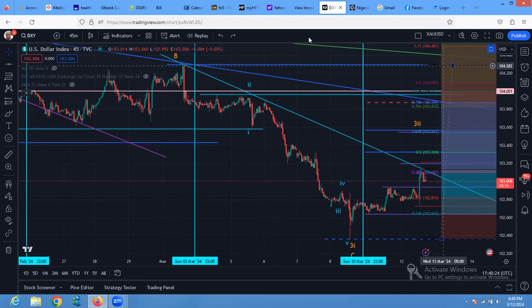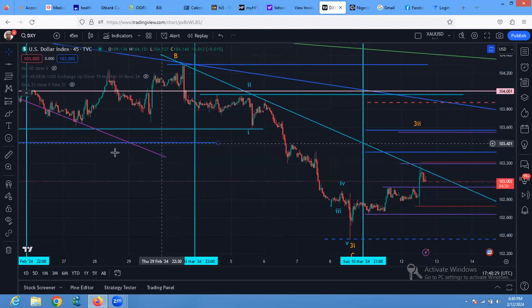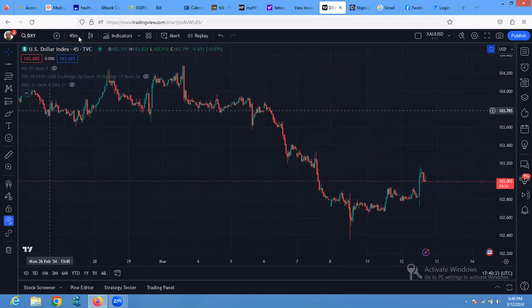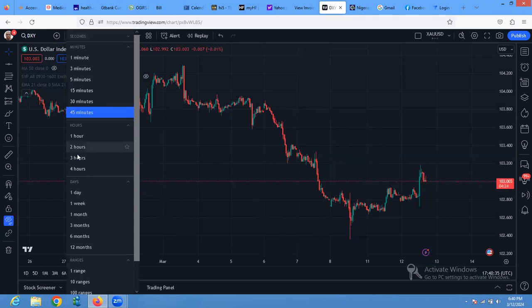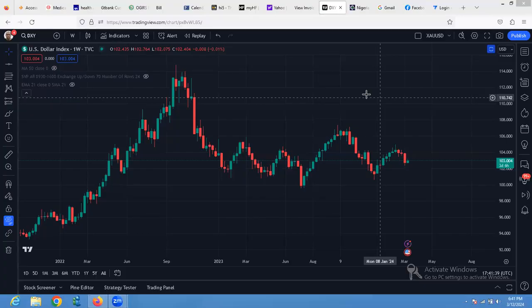And again, for those who are trading resistance and support, the trick also is this. If I quickly go onto the daily candle, sorry for the break in transmission.